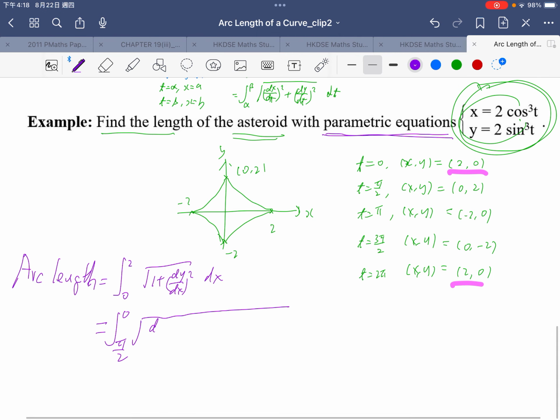Then this should be the square root of (dx over dt) squared plus (dy over dt) squared, dt.